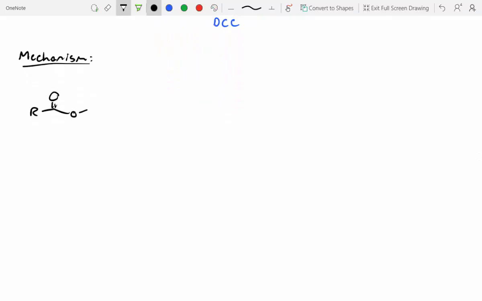All right. So we've got our carboxylic acid. We know we need to change that OH into a better leaving group. I'm not going to draw the full cyclohexyl rings. I'm just going to write CY. First thing that happens is a simple proton transfer where these nitrogens can act as a base and grab a proton off of your carboxylic acid.